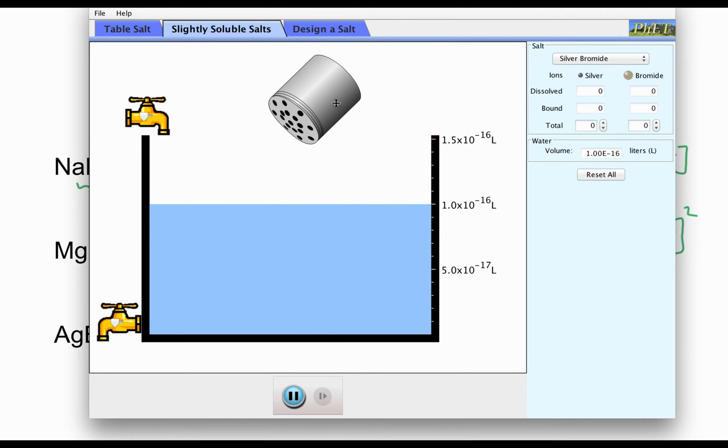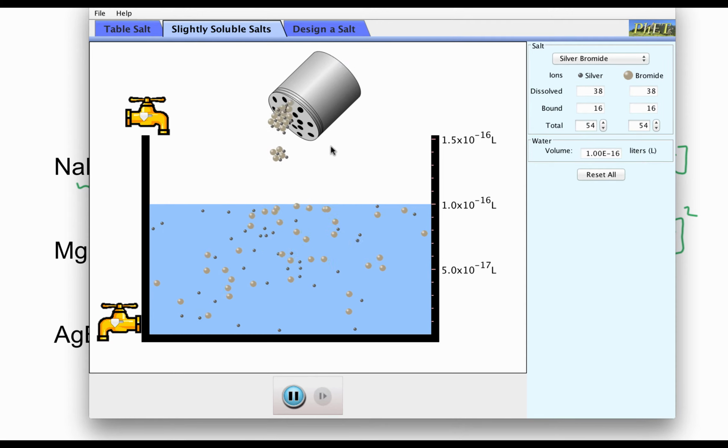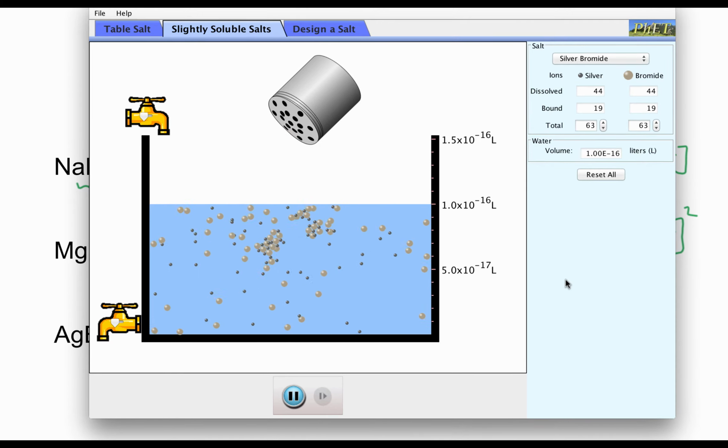Now, if I look at a slightly soluble salt, like silver bromide, which is what we're talking about, I add silver bromide here, and you can see that it dissolves. But if I continue to add a bunch of it, I start to reach saturation. Saturation is when I start to have undissolved ions at the bottom of the beaker here.